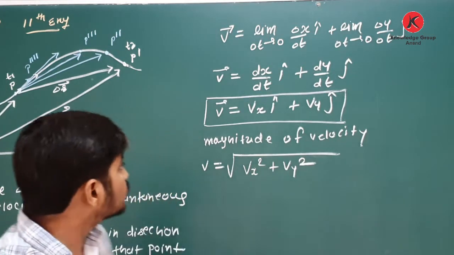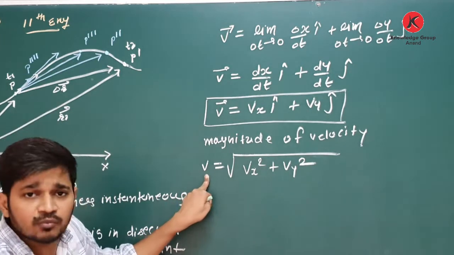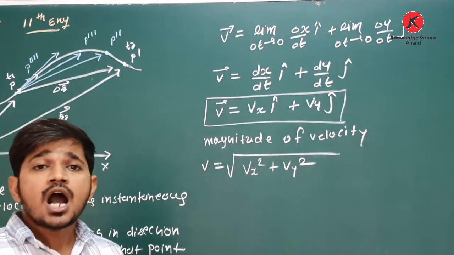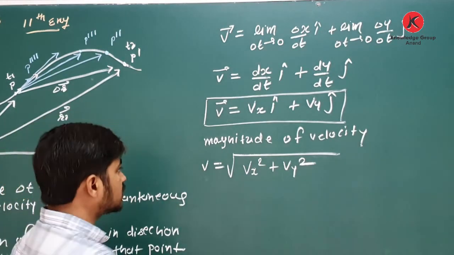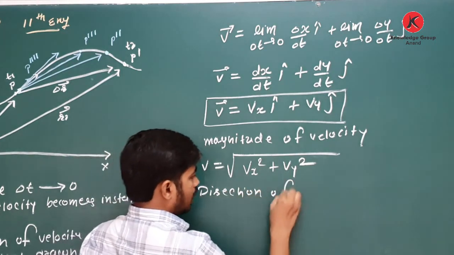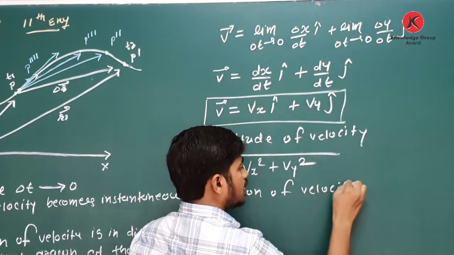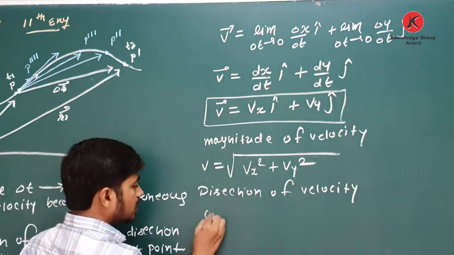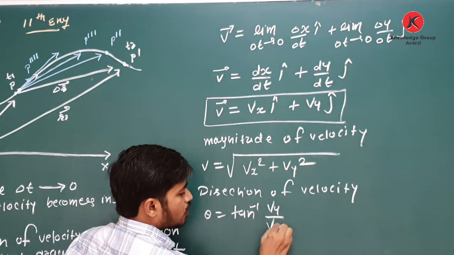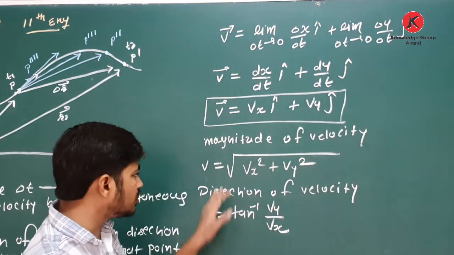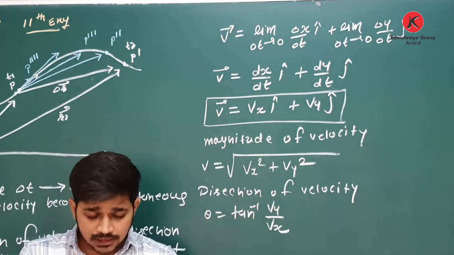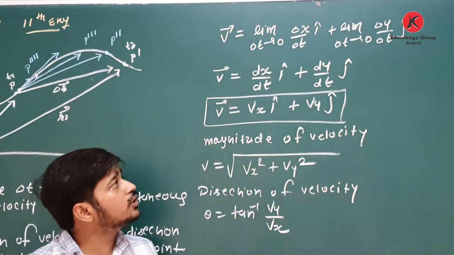Now it is for velocity, so we have to replace the symbol by V. V is equal to under root Vx square plus Vy square. How to find the direction of velocity? The direction of velocity, theta, we can write as tan inverse Vy upon Vx. Yes, you know these two equations. Clear about this? So yes, here it is all about velocity.